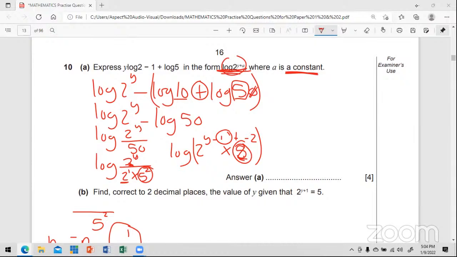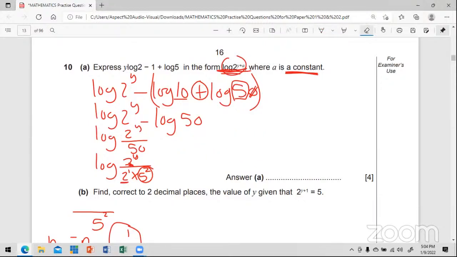Should the constant also be positive? No, a constant is just a number. It can be negative, it can be positive. They are just saying that we are going to end up with a value. Remember from here, okay? So our A is just a number. A constant is just a number. It can be negative, it can be positive. We have positive numbers and negative numbers. But everything from here is fine.